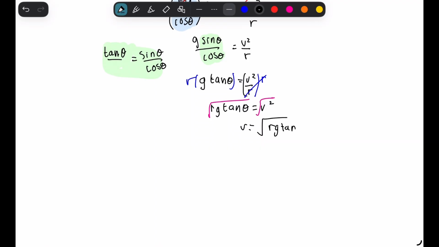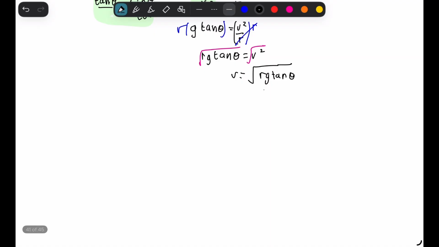So we have g times tan theta is equal to v squared over r. Multiply both sides by r, and you get rg tangent of theta is equal to v squared. Take the root of both sides, and you get that v is equal to the root of rg tangent of theta. This is the formula for a frictionless banked curve.